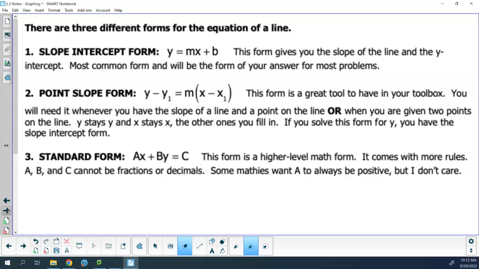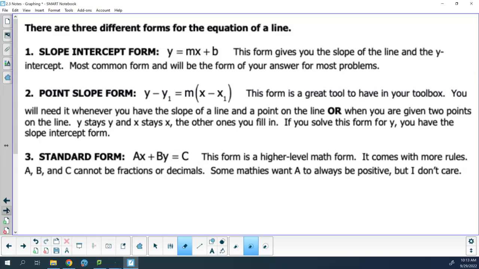And the last one is called standard form of a line. Standard form is used in higher level maths because it is the cleanest of them all, but it also gives you the least amount of information. With point-slope form, you know one of the points it goes through and the slope.